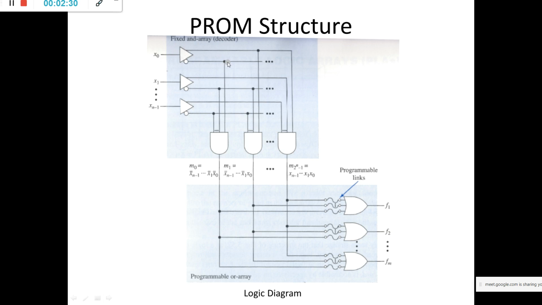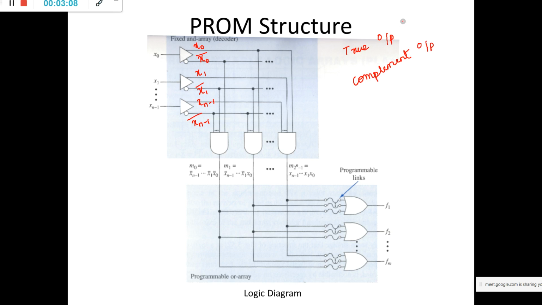Here we have x0 output, here x0 bar, similarly here x1 and x1 bar, and here xn minus 1 and xn minus 1 bar. So together we get true outputs as well as complemented outputs.